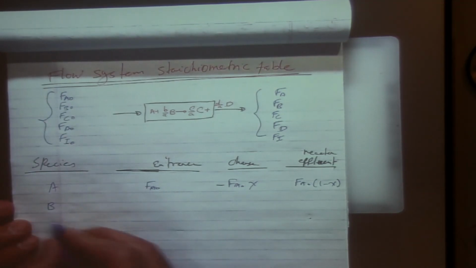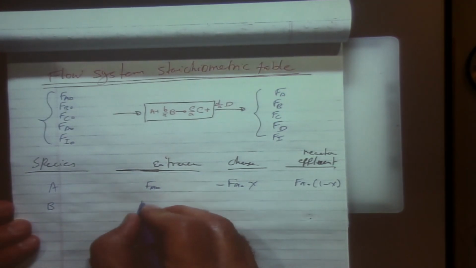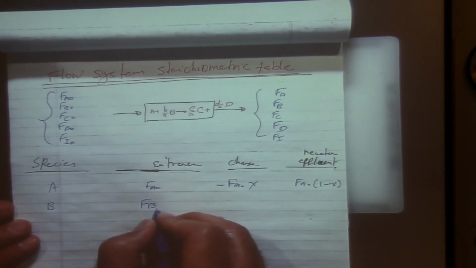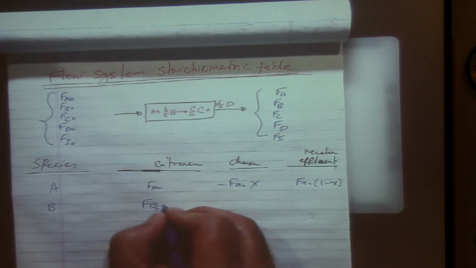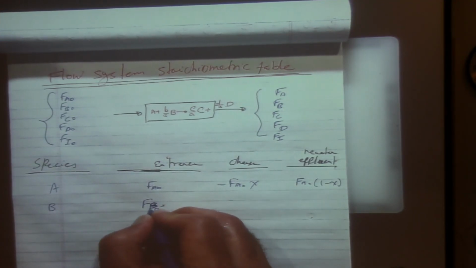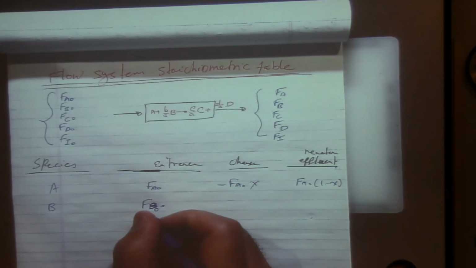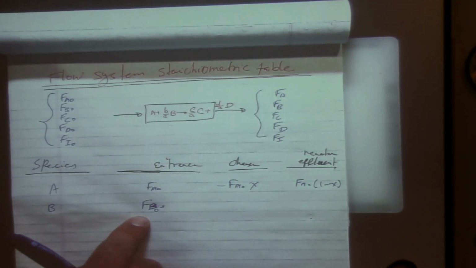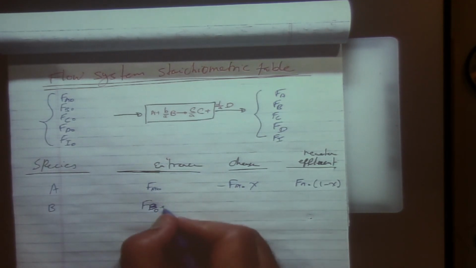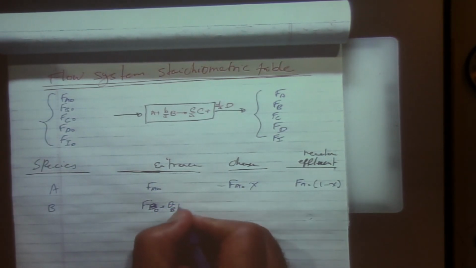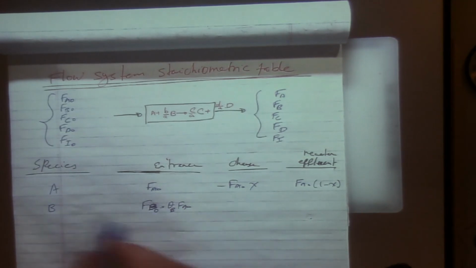So for B, it's exactly the same. You have FB naught, and you define it based on FA naught. Again, this is the trick. Using theta, you relate FB naught to FA naught, which would be theta B times FA naught, just to have everything based on FA naught.